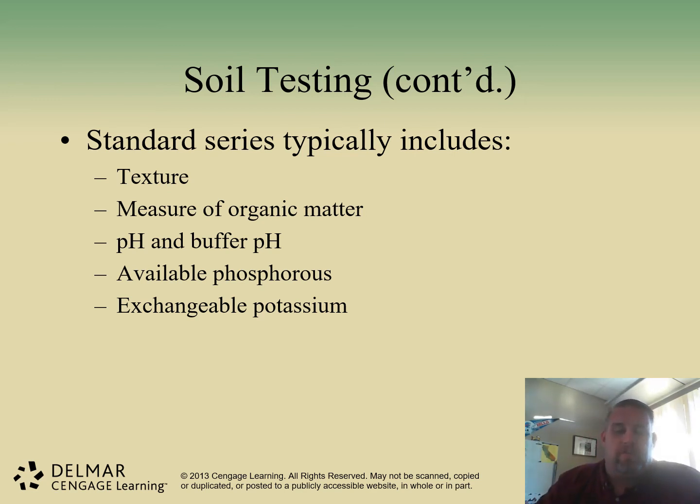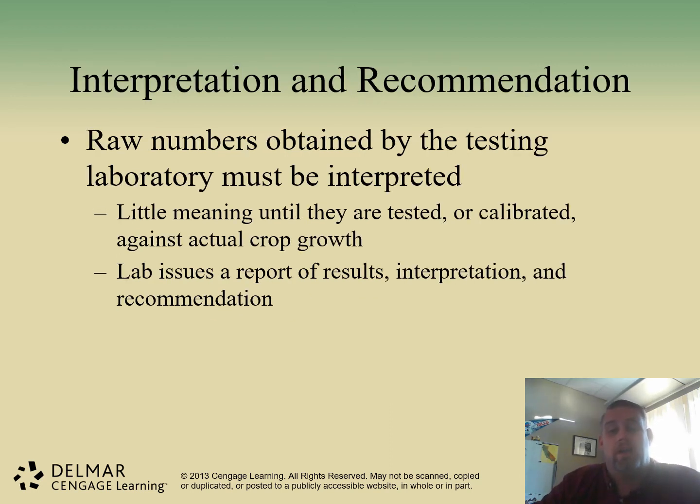When you're looking for additional information, then you have to start asking: I would like to know what my buffering capacity is, what my nutrient load capacity is, if there are any toxic materials. Then they'll continue to add tests to your samples so that you can get the information that you're looking for.